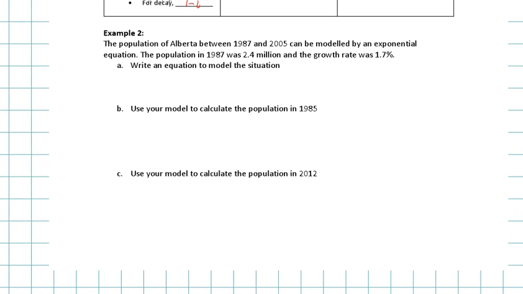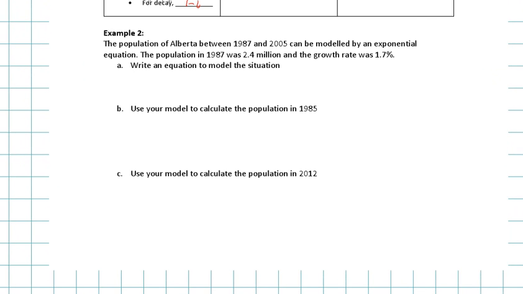I plug in 0 for that. What would be for 1988? 1. 1989, 2. 1990, 3. So that's why I have to specify that since 1987. Okay? So let's write that down.